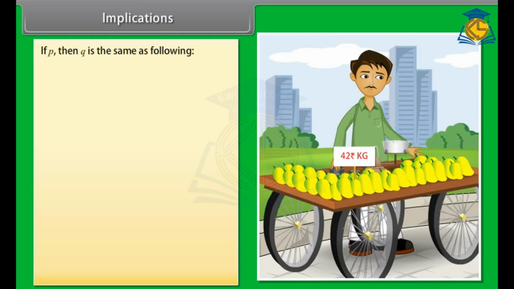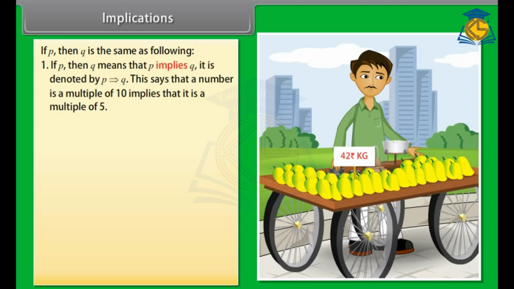If P, then Q is the same as the following. If P, then Q means that P implies Q. It is denoted by P implies Q. This says that a number is a multiple of 10 implies that it is a multiple of 5.